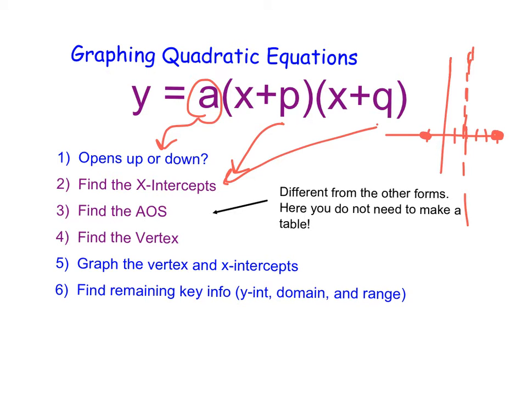Then we use our axis of symmetry to help us find our vertex point, which needs to lie on that axis of symmetry line. And then from there we graph those 3 points, and we'll be able to get at least an estimate of what our graph is going to look like, and then we can start to find other pieces of key information. So this process is a little bit different because the information this equation type gives us is a little bit different.